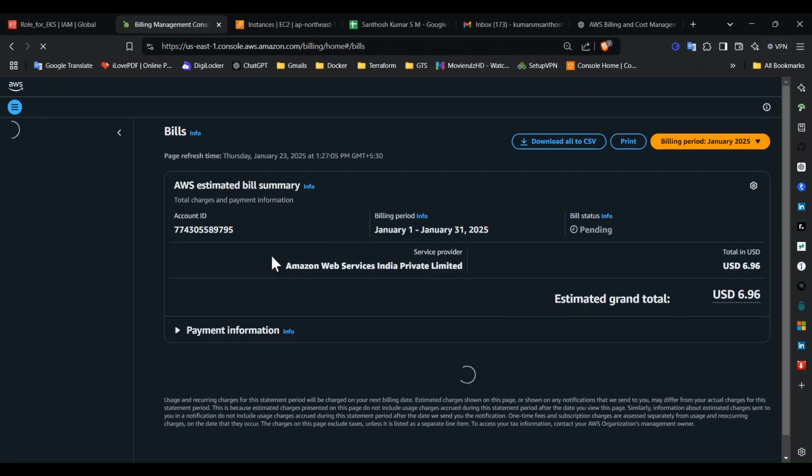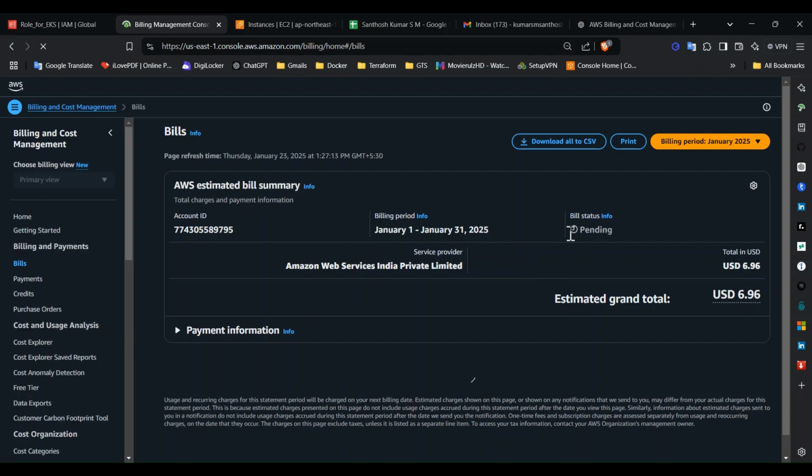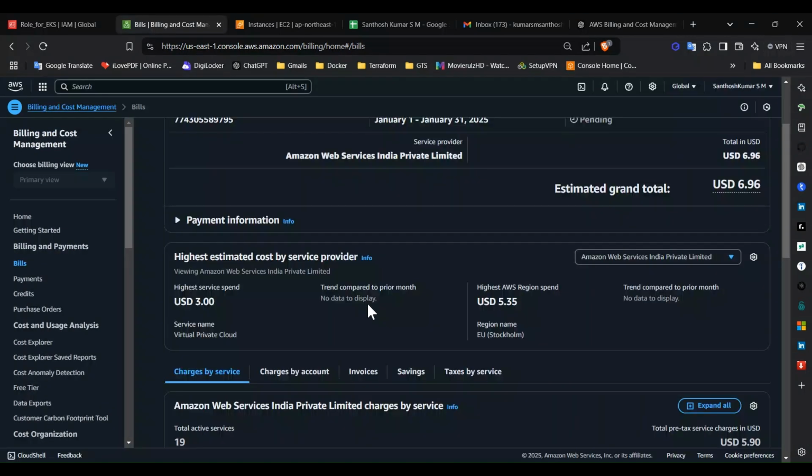When it comes to the bills, they provide a detailed summary about your bills, such as whether a bill is pending or not, and you can see the highest estimated cost by service provider. That means on which service you have paid the highest amount.